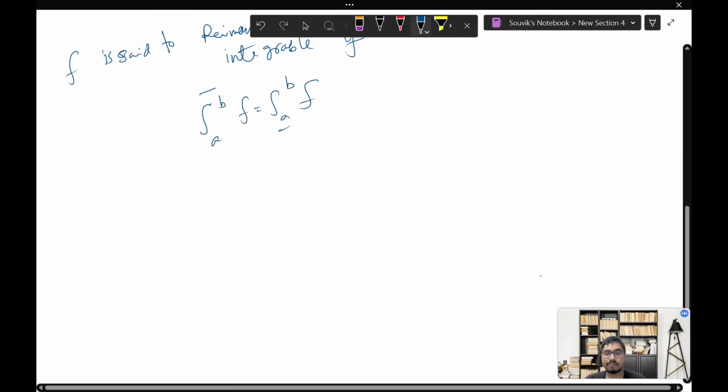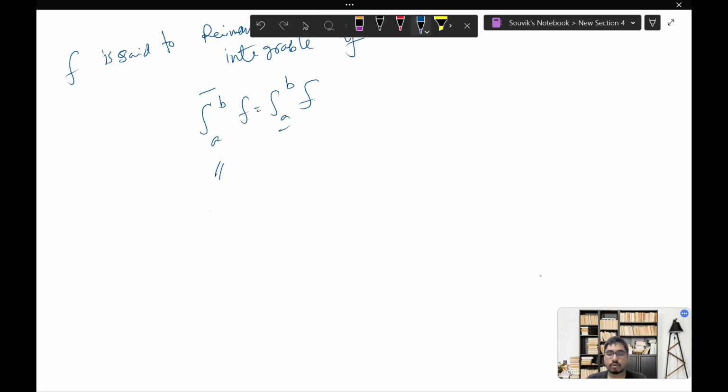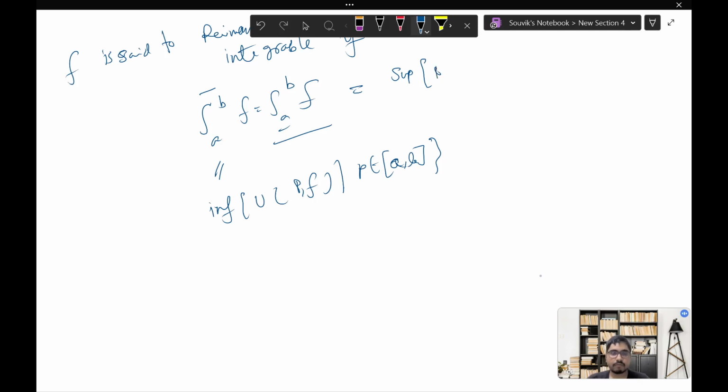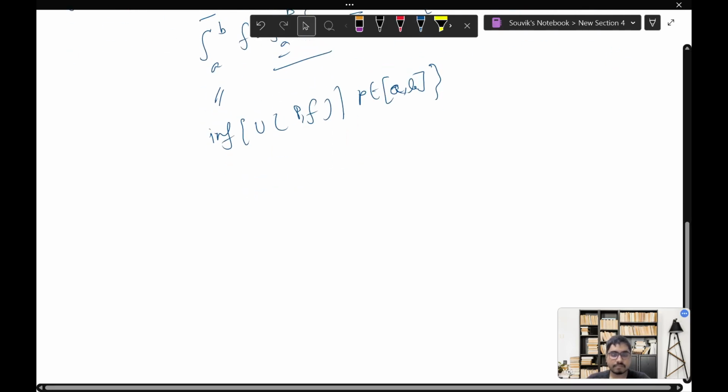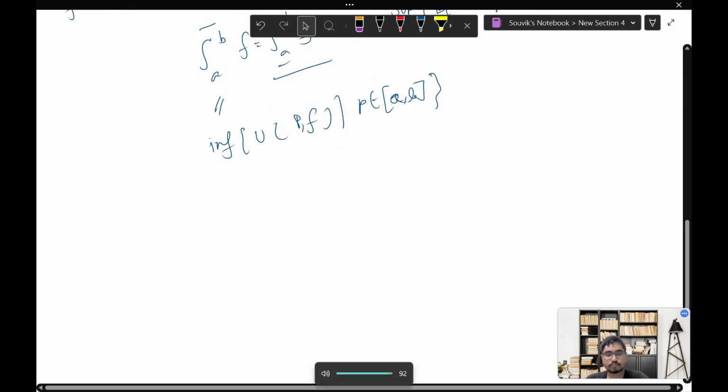By the way, just for recall, the upper integral is the infimum of U(P,f) as P varies over the partitions of [a,b], and the lower integral is the supremum of L(P,f), P belonging to the partitions of [a,b].